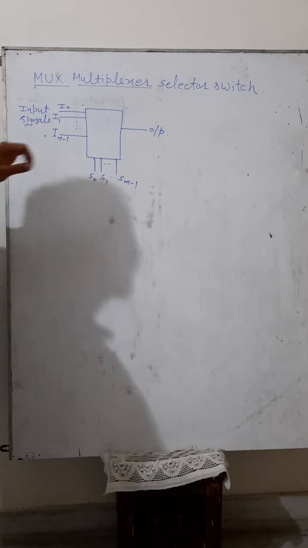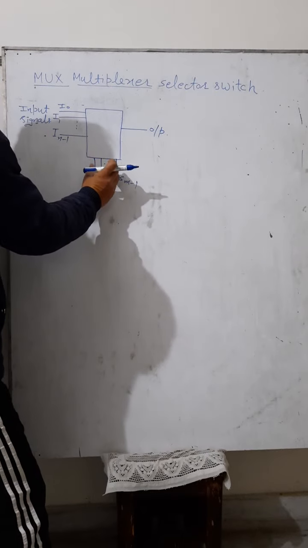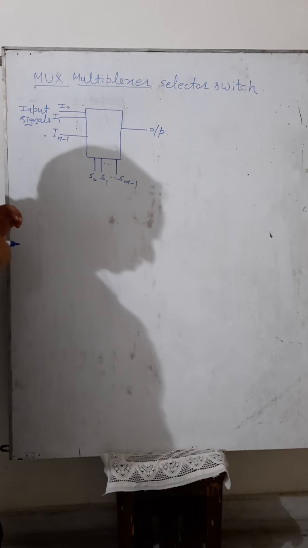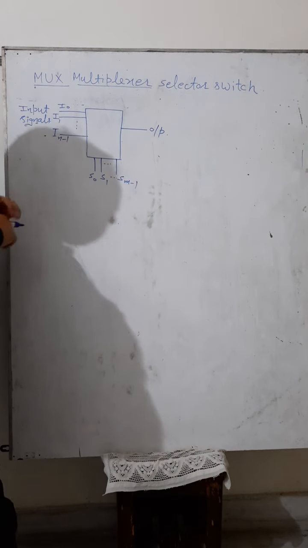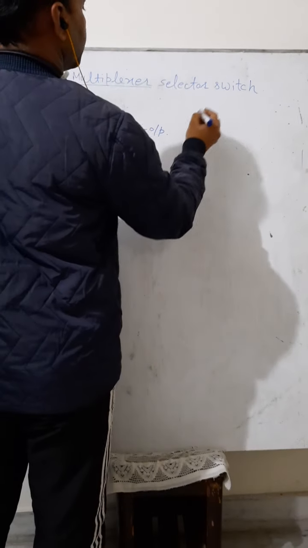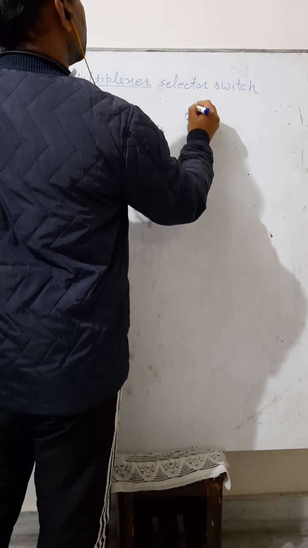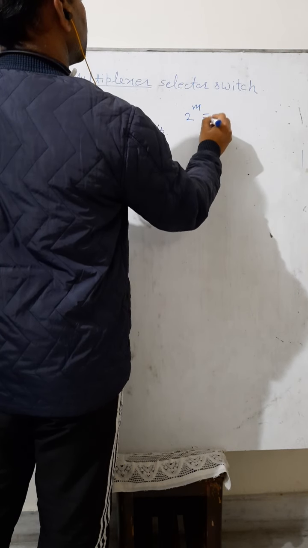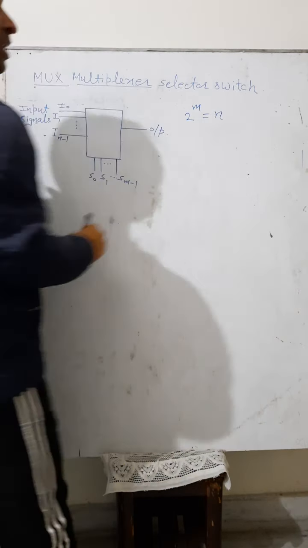Okay, now how many select signals we have to select here, how many signals will be there, that depends upon 2 raised to power m is equal to n.